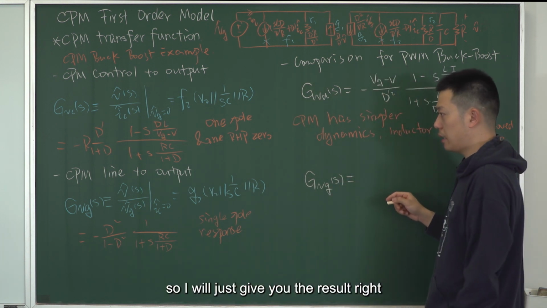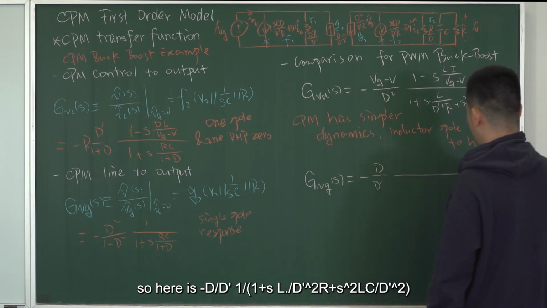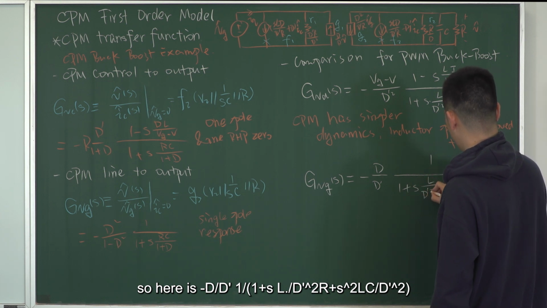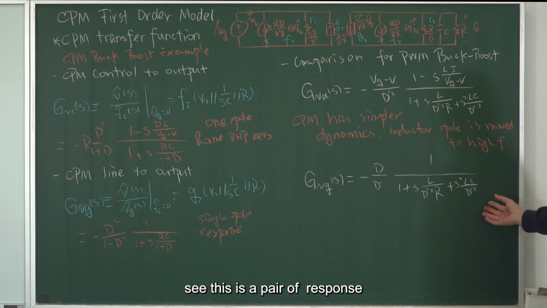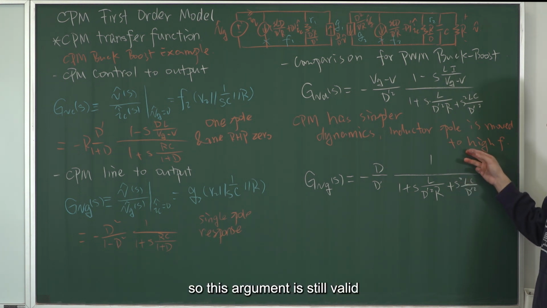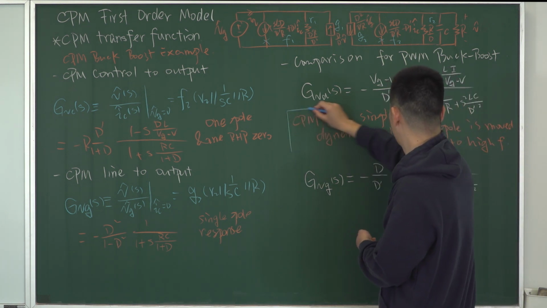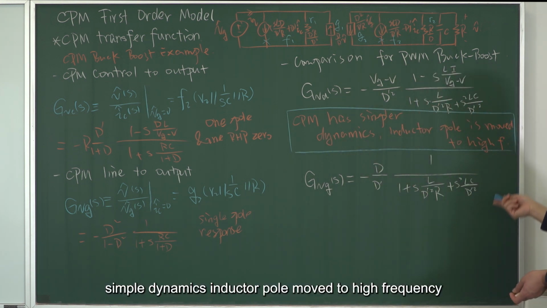I will just give you the result: minus d over d prime times 1 over 1 plus s L over d prime squared R. See, this is a pair of quadratic pole response. So this argument is still valid: simpler dynamics, inductor pole is moved to high frequency.